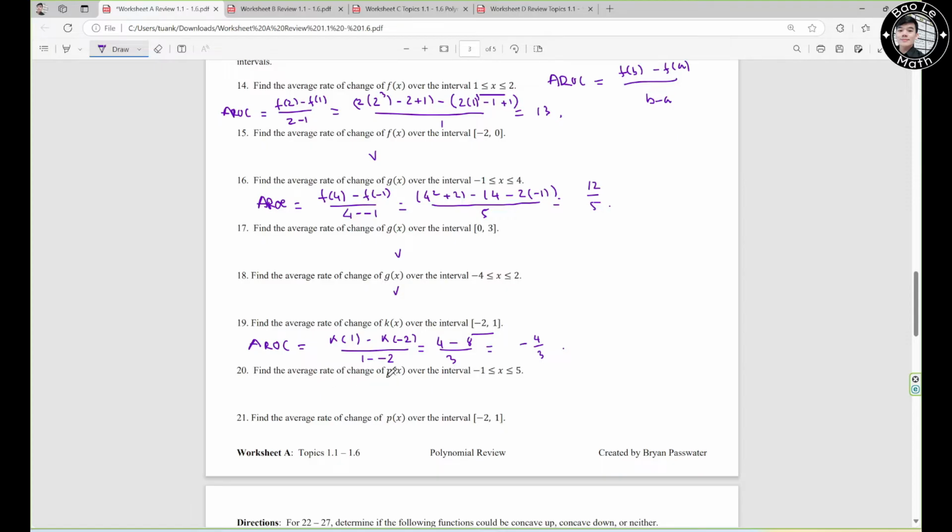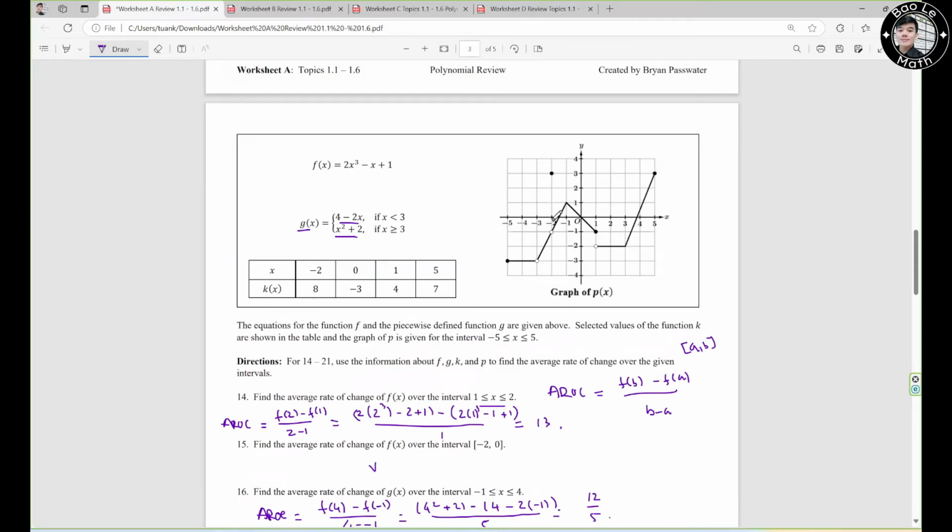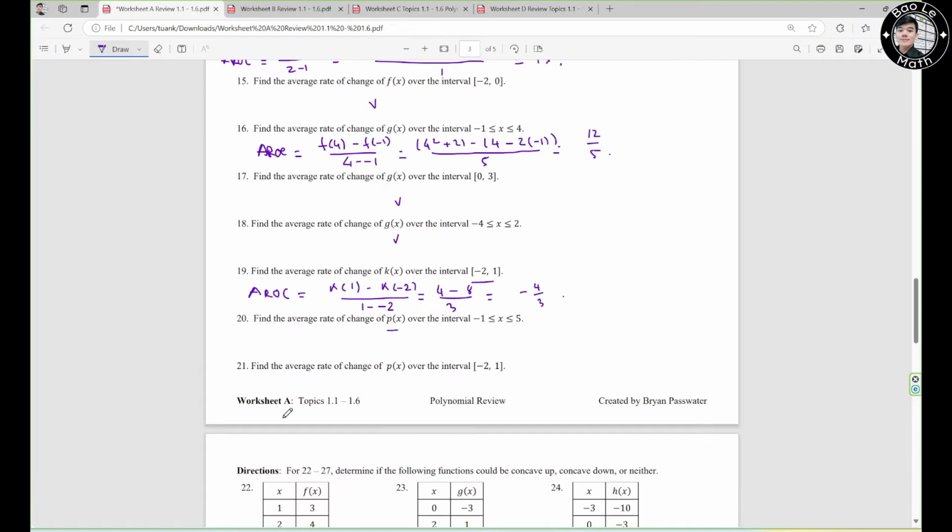Now, look at number 20. Find the average rate of change of the function p of s over the interval -1 to 5. So -1 to 5 is going to be right here. Alright, so we have the average rate of change formula is p of 5 minus p of -1 over 5 minus -1.